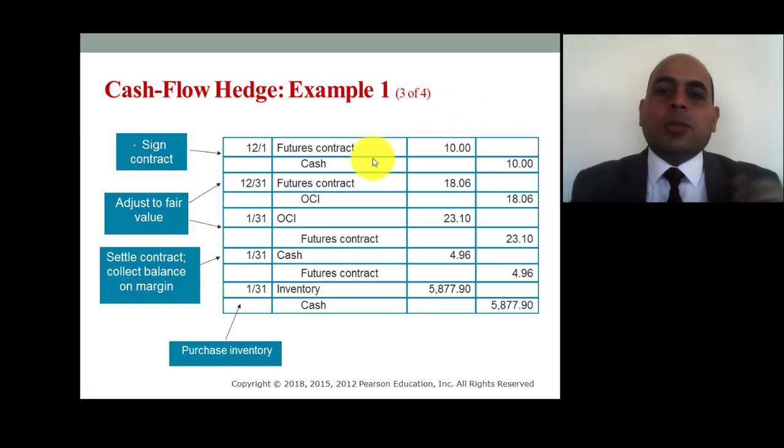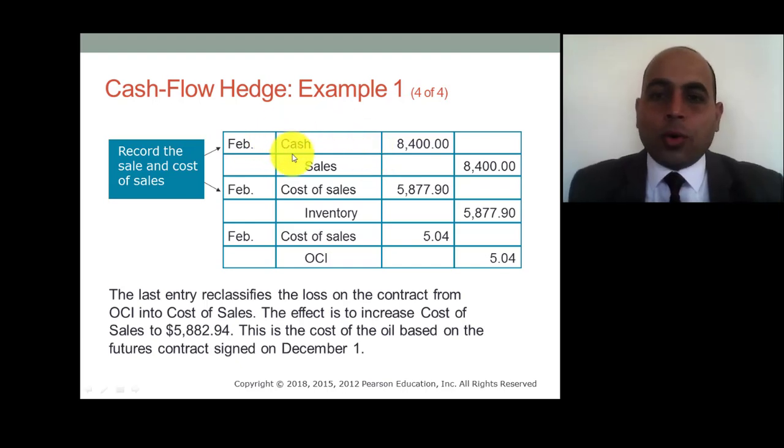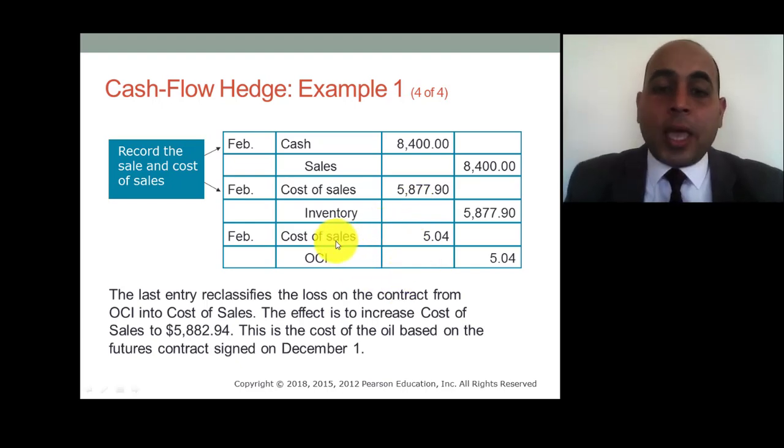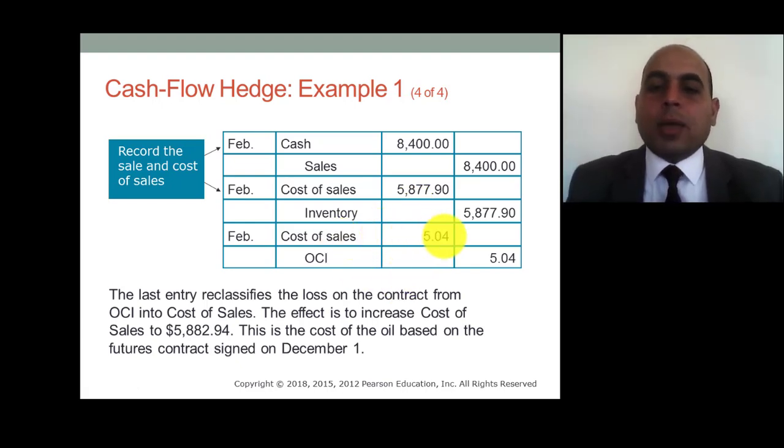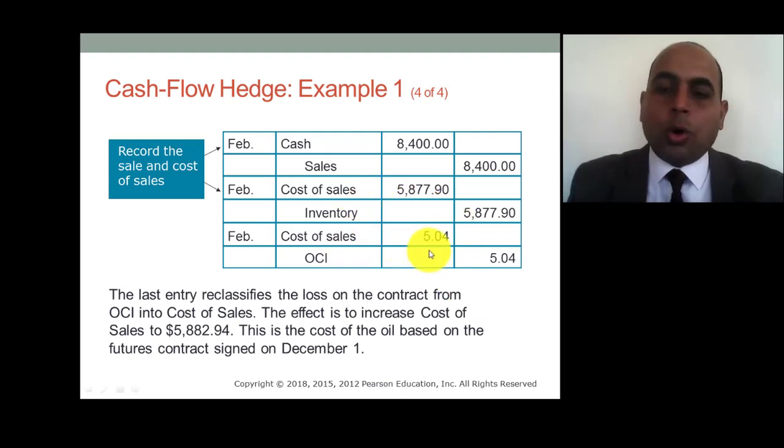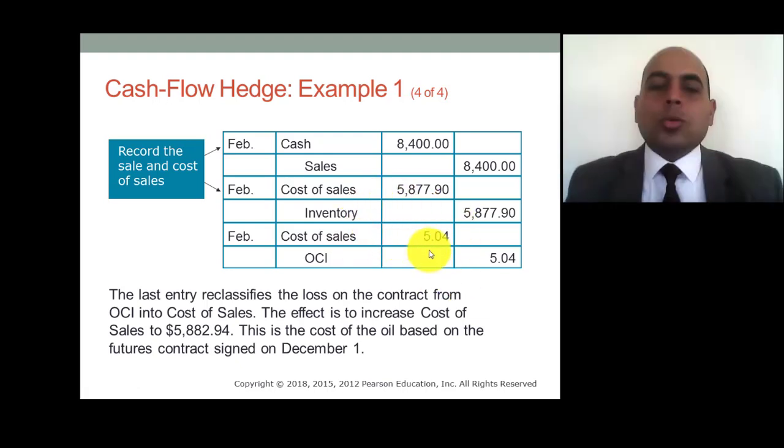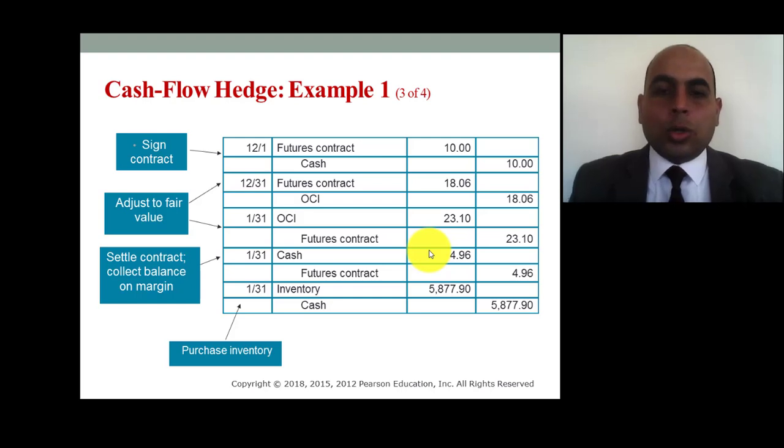So we will receive this amount. 8,400 will be received as we sold it, and cost of sales will be debited by 5,877, and inventory will also be credited by 5,877. On the other hand, we will continue to debit the cost of goods sold by $5.04. This is the amount of loss that occurred while acquiring the future contract.